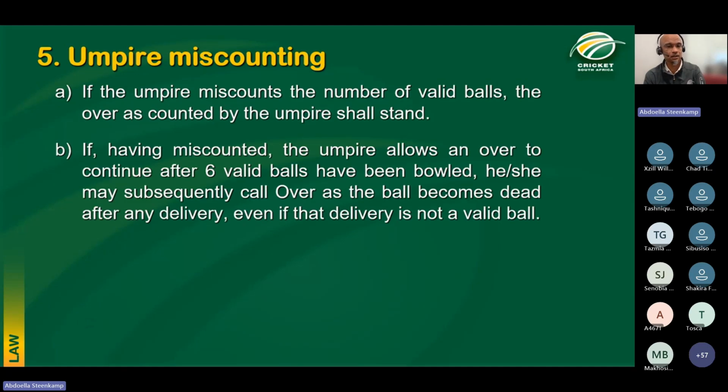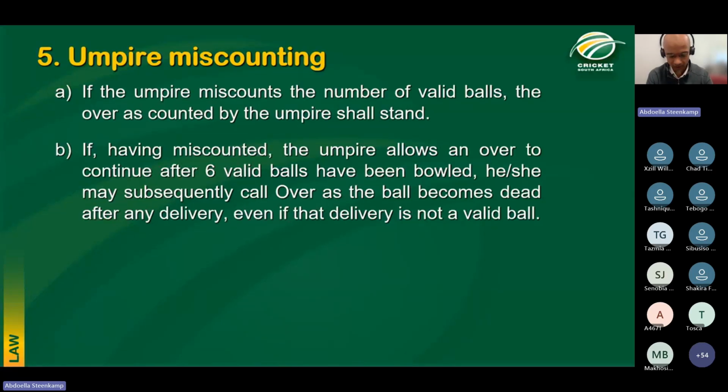Also, the law tells us that if an umpire does miscount and allows a 7th ball to be bowled, and the bowler bowls the 7th ball, and that 7th ball is a no ball, and then after you allowed the 7th ball, the umpires realize, oops, we allowed an extra ball, the law gives you the power to actually call over.